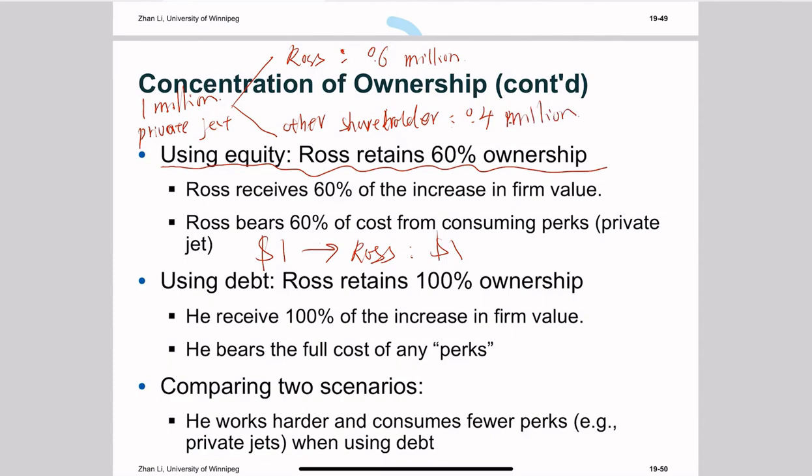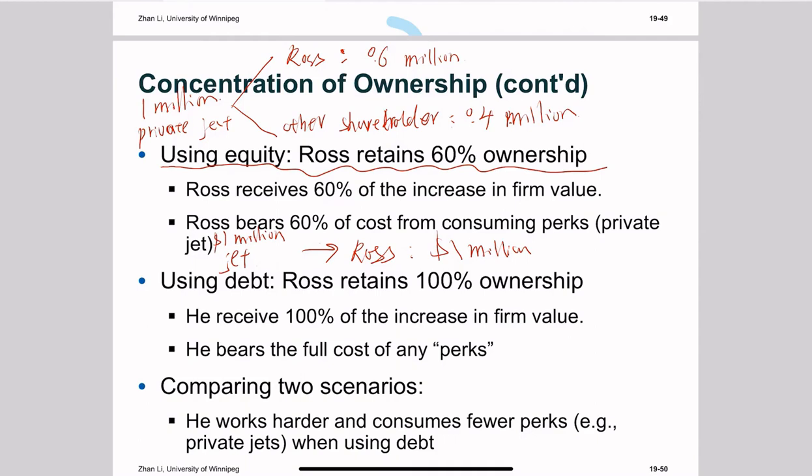Now, in the case of using debt, still we're talking about this $1 million jet. In this case, Ross has 100% ownership, so he has to pay $1 million. So you can see that when the firm is using debt, the cost is 100% imposed on Ross.